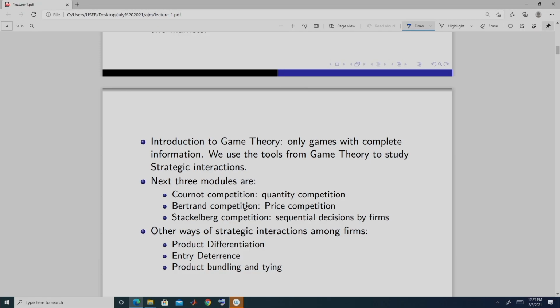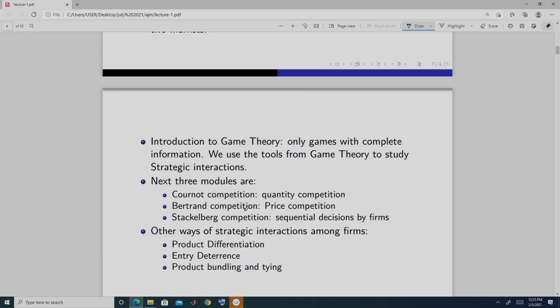And so we use mainly this kind of methodology to study the other forms of market. We use some solution concepts to study these games, specifically Nash equilibrium, and subgame perfect Nash equilibrium for extensive games. So we will do this in a separate module.